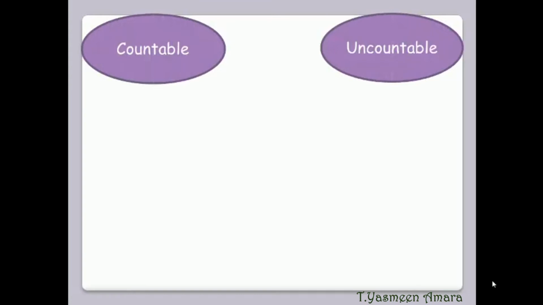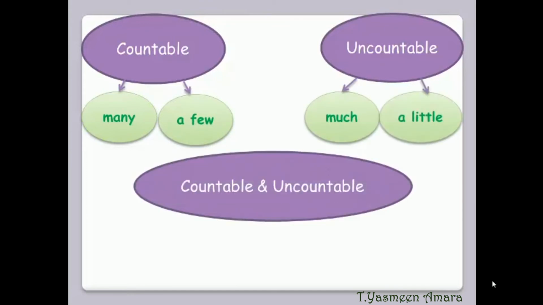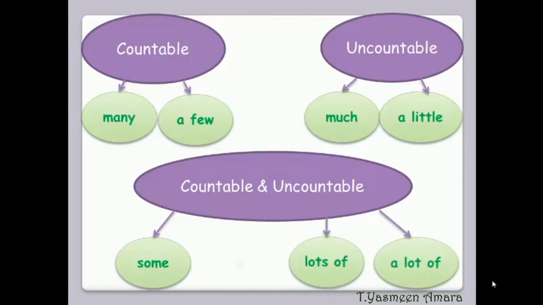With countable nouns, we use many and a few. With uncountable nouns, we use much and a little. And for both, we use some, lots of, a lot of, and any. We use any with questions and negative sentences. Okay? Let's start with countable nouns.